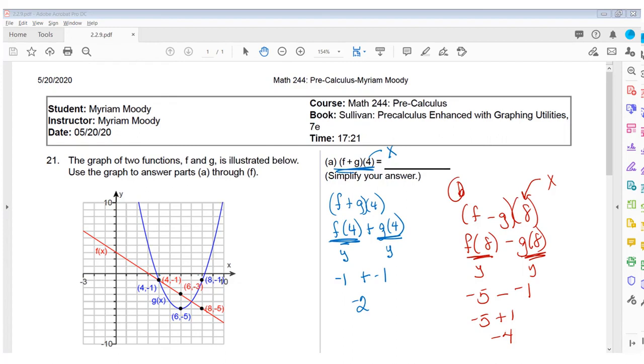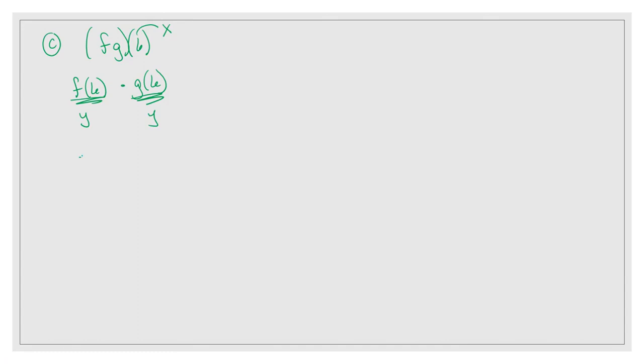So here's my 6, right? According to the f function, the y is -3. According to the g function, which is blue, your y is -5. So it looks like I have -3 times -5, which is, yep, +15. Cool?